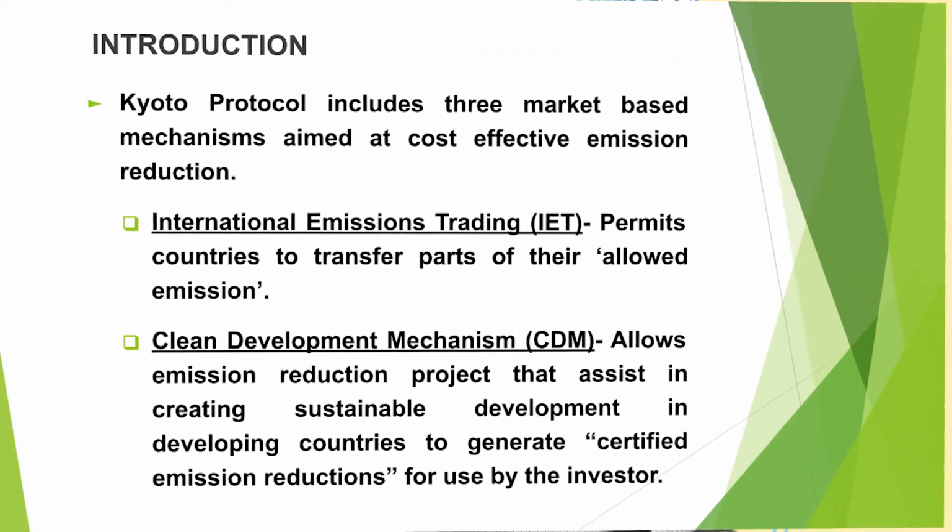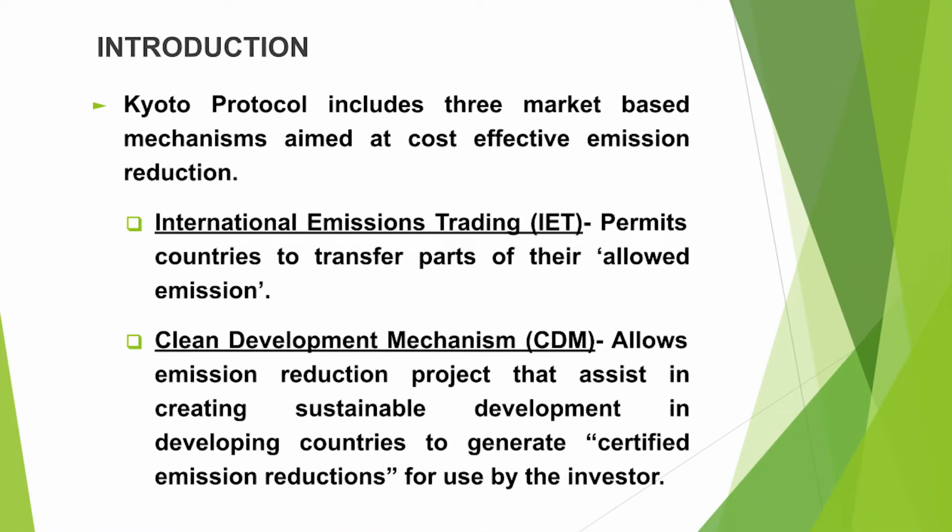The Kyoto Protocol also includes 3 market-based mechanisms aimed at cost-effective emission reduction. The first one is international emission trading, which you can abbreviate as IET. It permits the countries to transfer parts of their allowed emissions. The second one is the Clean Development Mechanism.